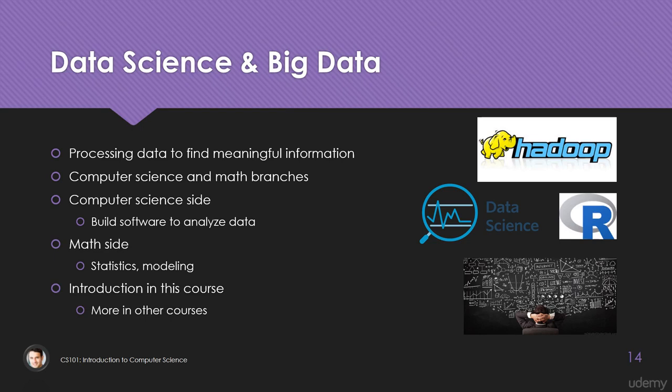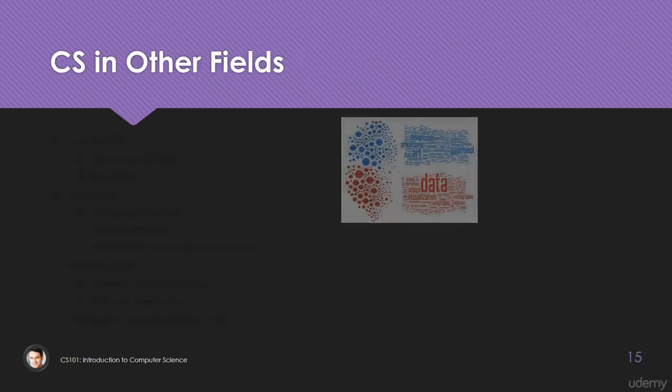And these two work together in order to bring out meaningful results from large data sets. We will talk about data science and big data in brief in this course. There's an introduction, but really a lot of detail in other courses. This is a huge topic in itself, and there are plenty of courses that specialize in various topics in data science and big data, but you will hear an introduction to the high-level topics in this course.